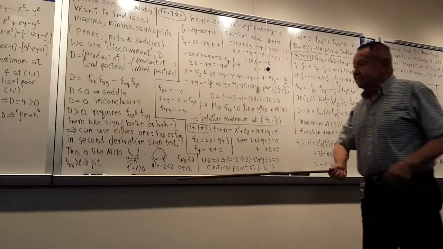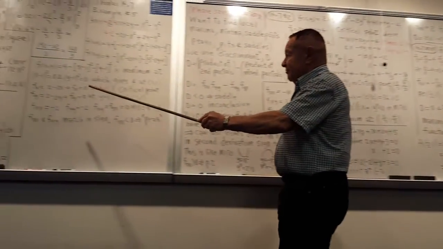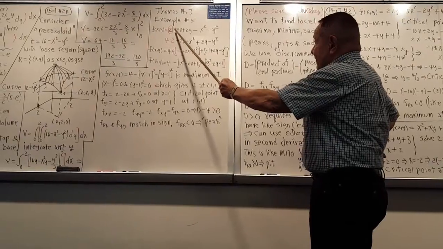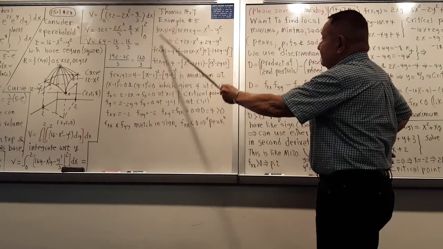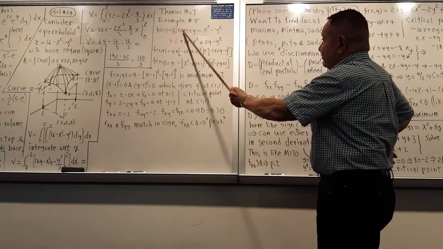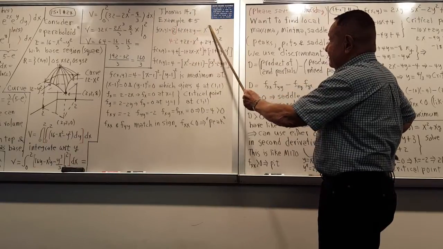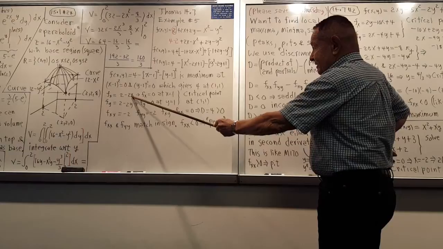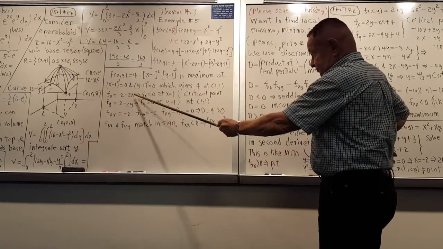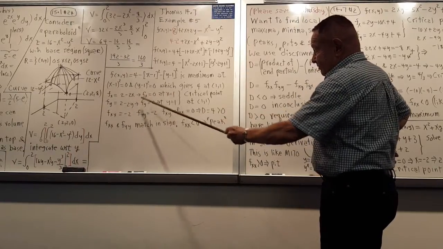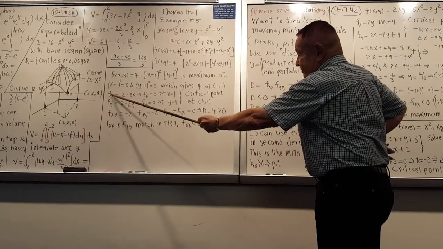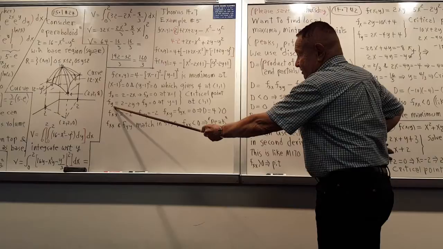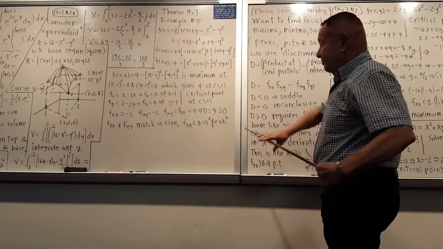So now, coming back to here, go back to the start, do your partial with x. So you have 2 from here minus 2x. And so your critical point will be where the first partial with x together with the first partial with y will be 0.